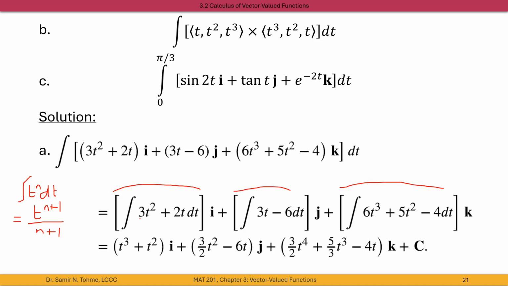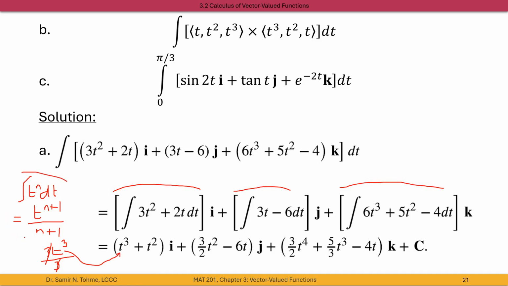For example, the integration of 3t squared is 3t to the power 2 plus 1, which is 3, divided by also 2 plus 1, which is 3. Now 3 divided by 3 is equal to 1, and you will get t cubed. Do the same for the others.